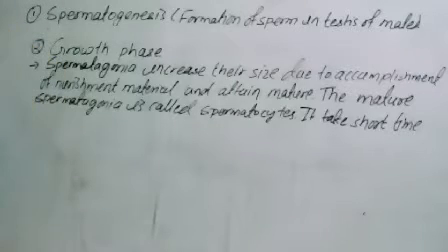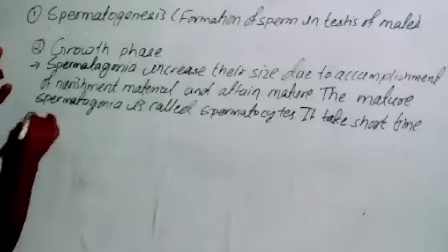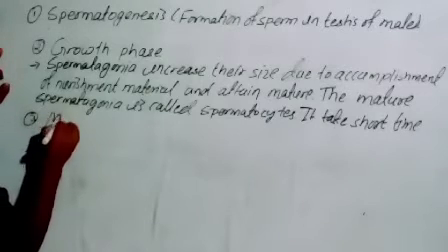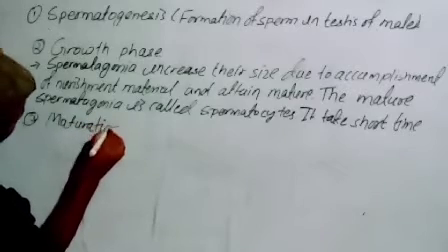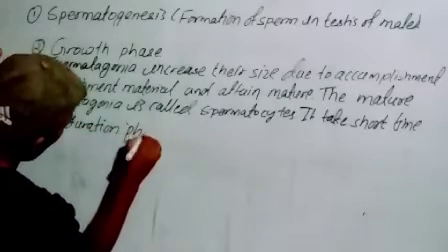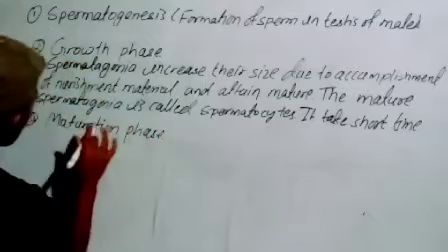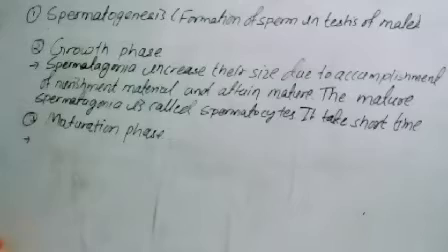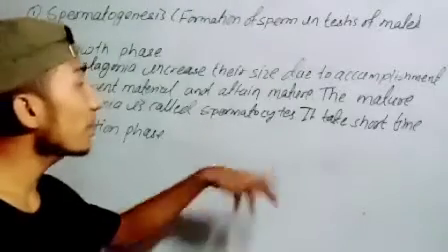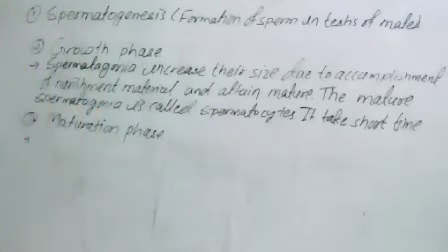And the last phase is the third phase. The third phase is the maturation phase. In the maturation phase, there is the maturation of the spermatocyte, and that spermatocyte is called the primary spermatocyte.